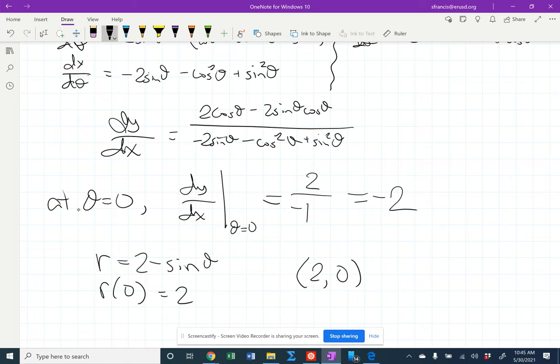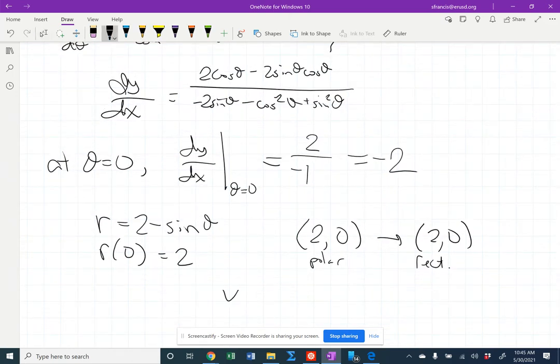The point 2, 0 in polar coordinates is also 2, 0 in rectangular as well, because you're just going 2 units to the right, you're not rotating at all, not moving up or down at all, and so that's the same coordinates.